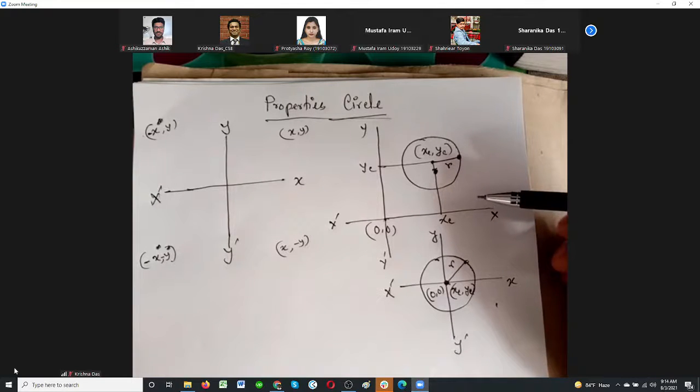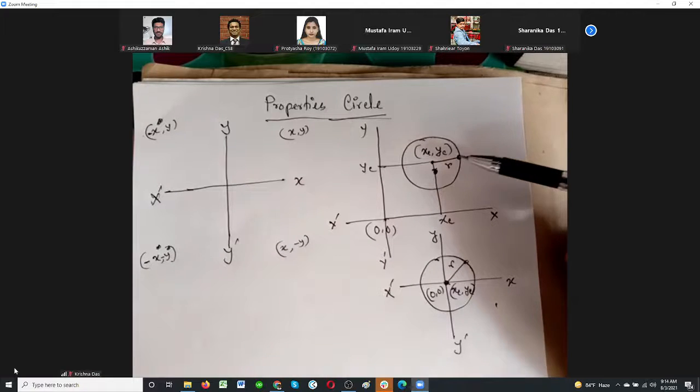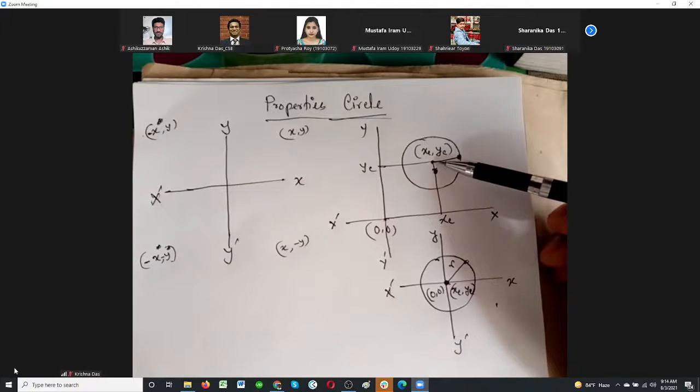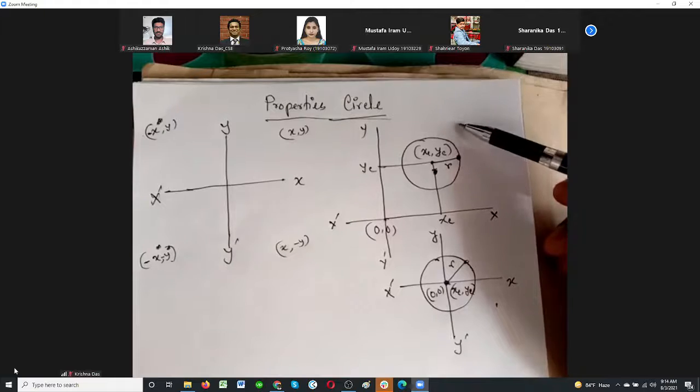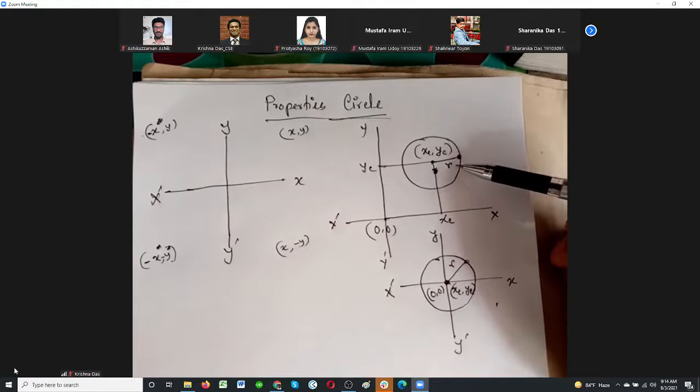In that case you need your center point and also your radius to draw it. This you must need, right? So the 2 points you need to know.